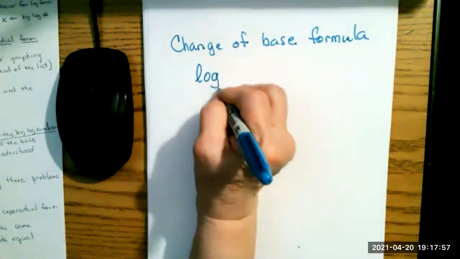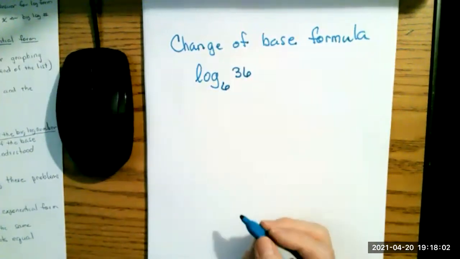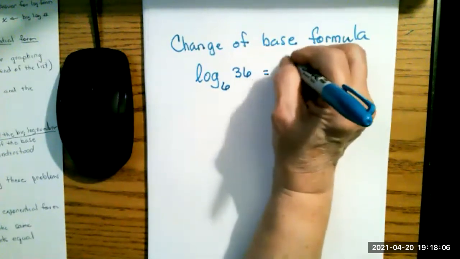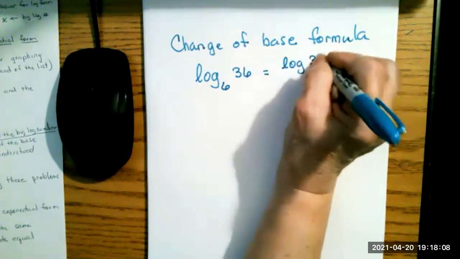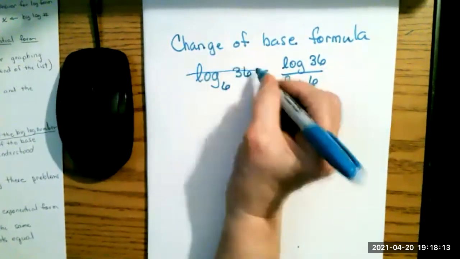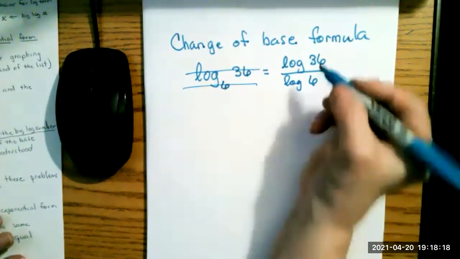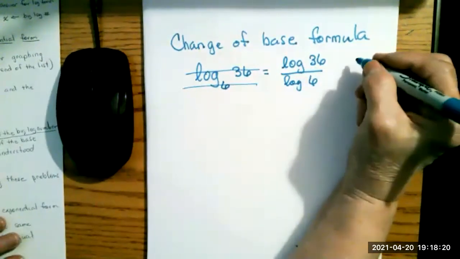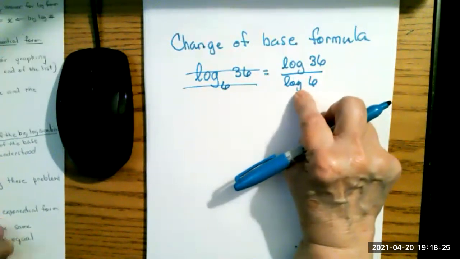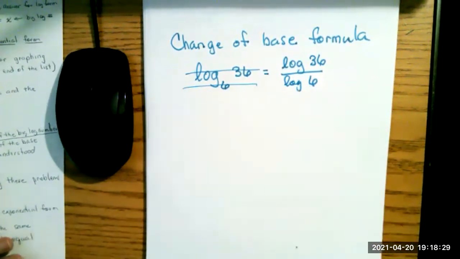If you have log base 6 of 36, you can write it as log 36 over log 6. What it does is change that to base 10. If no base is written, it's understood to be base 10.